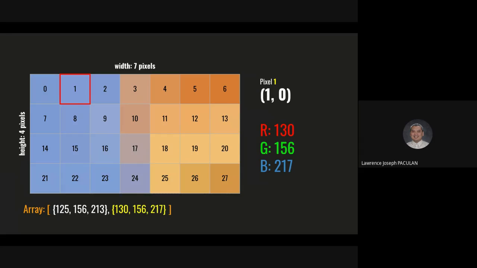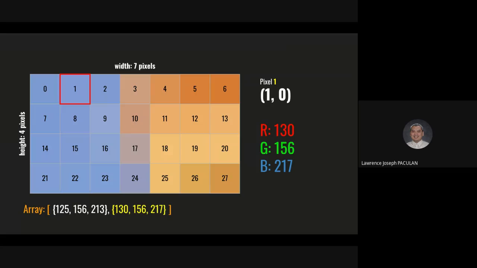So just looking at the values for the red, green, and blue channels, we can already have an idea that this is bluish in general. It's bluish because the blue channel has the highest value, and it's similar to pixel 0.